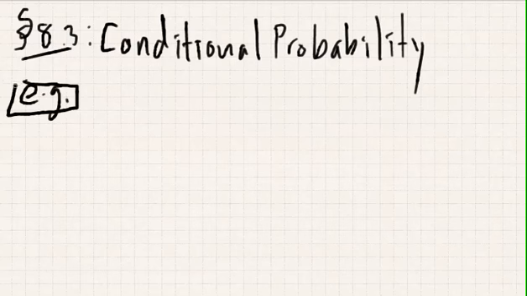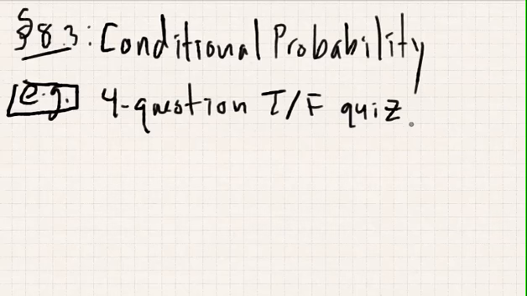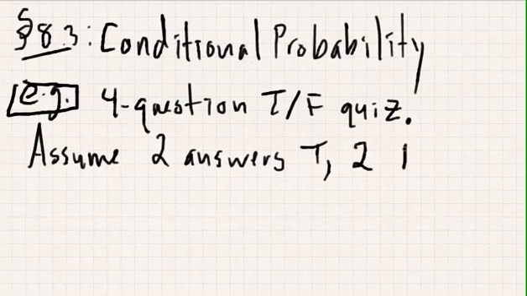Let's suppose that you are taking a 4-question true-false quiz. Maybe your history professor wants to see if you did the reading last night. Now, it might be reasonable to assume that 2 of the answers are true and 2 are false, because maybe the professor thinks that makes it random.